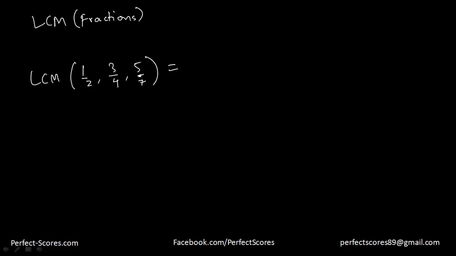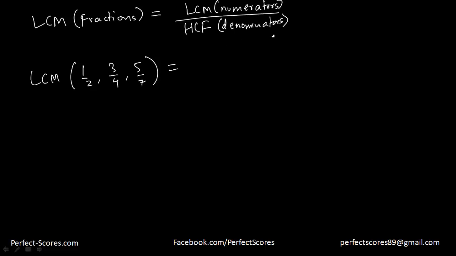The lowest common multiple of fractions is equal to the lowest common multiple of the numerators divided by the highest common factor of the denominators. I'm not going to prove this for you. You can just remember it this way. So you have to find the lowest common multiple of 1, 3, and 5, the numerators, which are the top numbers, divided by the highest common factor of the denominators, which is 2, 4, and 7.